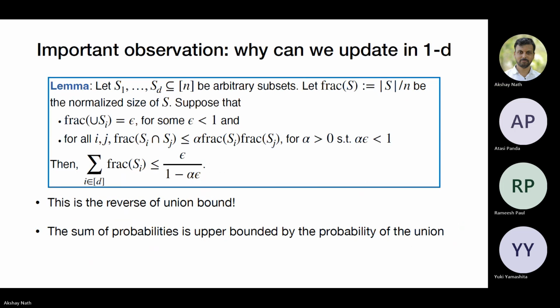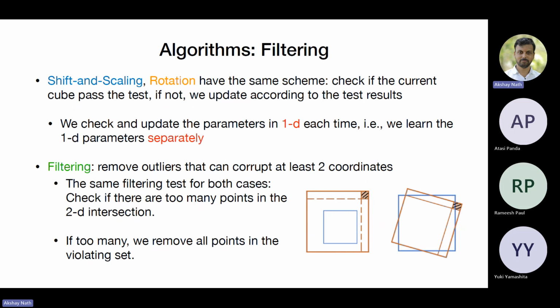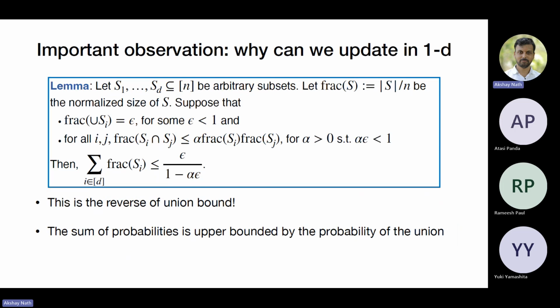After the filtering, we want one condition: that this intersection has a good density, bounded by this expression.